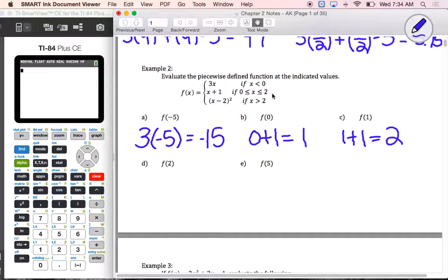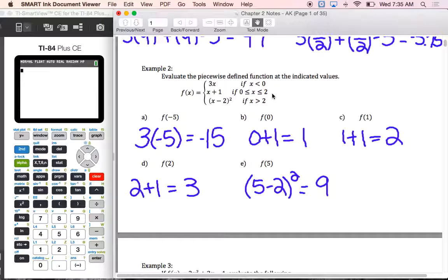So we would put 2 into the second equation. Then the last one's 5. So when x is 5, 5 fits into the last equation because 5 is bigger than 2. So if I plug that in, I've got 5 minus 2 squared, which will give me 9.